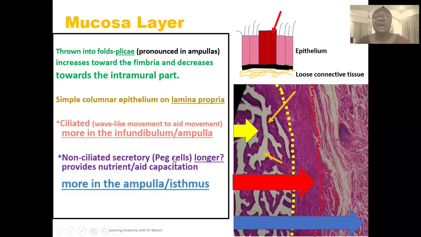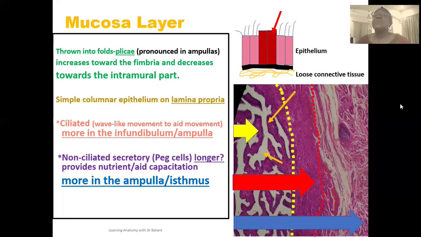And this epithelium is seen more in the ampulla region and also the isthmus. And we can justify why they are seen more in the ampulla region and also the isthmus. The ampulla region is the region where fertilization would take place. And this fertilized egg needs to be nourished. And this is why you see more of the secretory type of simple columnar epithelium in this region. Also, we say that this secretion that is produced by this epithelium also aids the process of capacitation.